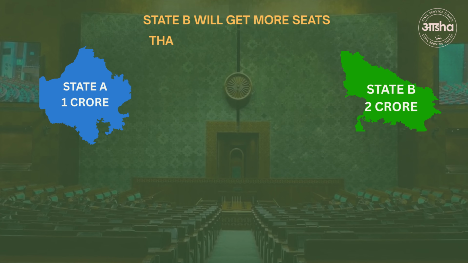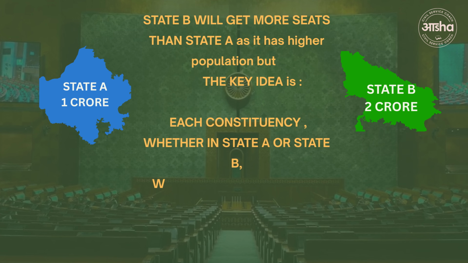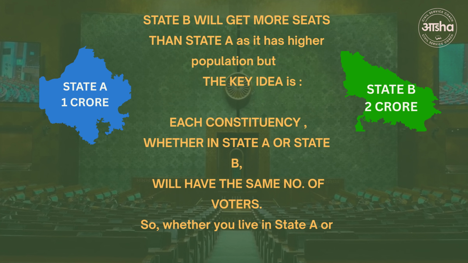State B will get more seats than State A as it has higher population. But the key idea is each constituency, whether in State A or State B, will have the same number of voters. So whether you live in State A or State B, your vote carries the same value.